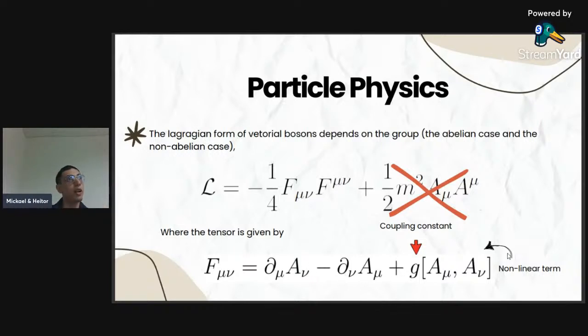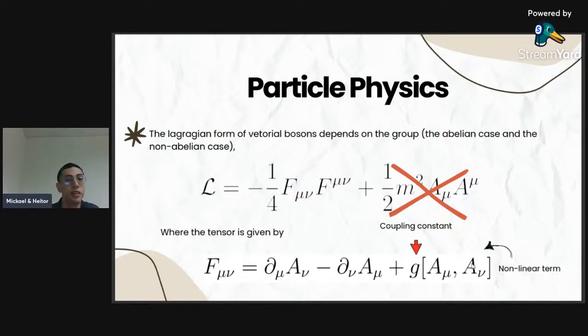When we're talking about electromagnetism and we know the electromagnetic tensor, there's no this term in here. The electromagnetic tensor is just this one. Why? Because electromagnetism is a linear theory, and this term here, in which we have the commutator, is a non-linear contribution.